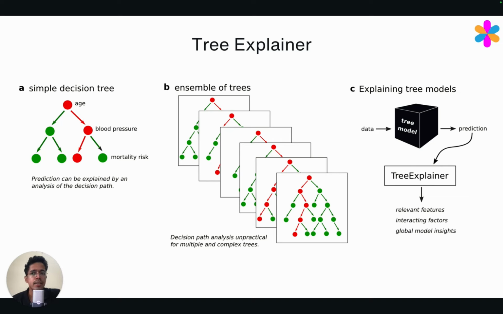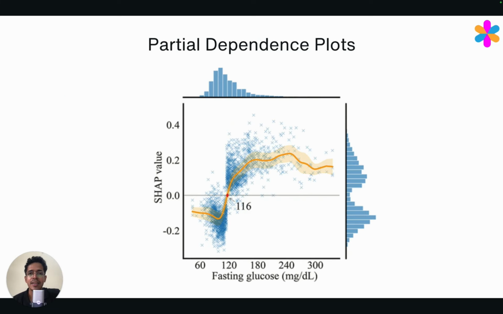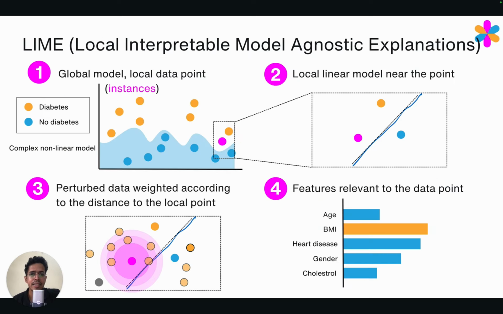But just understand that decision trees are normally inherently explainable, but bigger decision trees are difficult to interpret, which is why there is a need for tree explainers. And you must have already guessed, this is a model specific explainable AI technique. This is not model agnostic, whereas these LIME and SHAP methods are model agnostic, right?